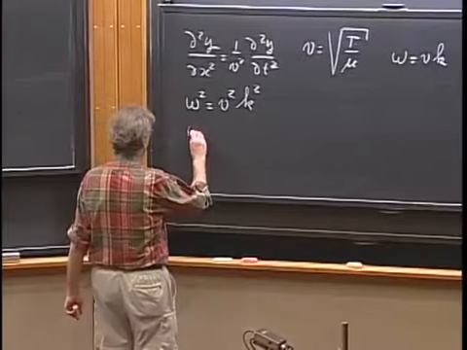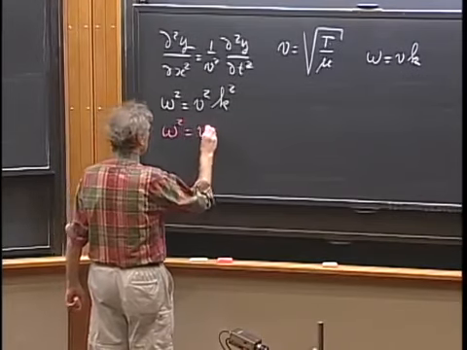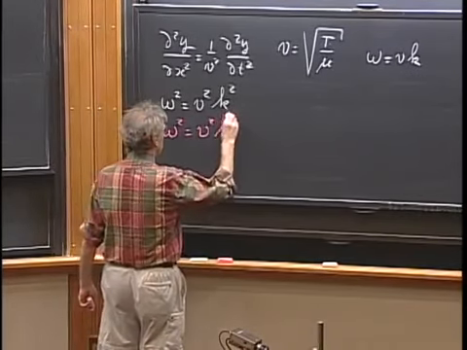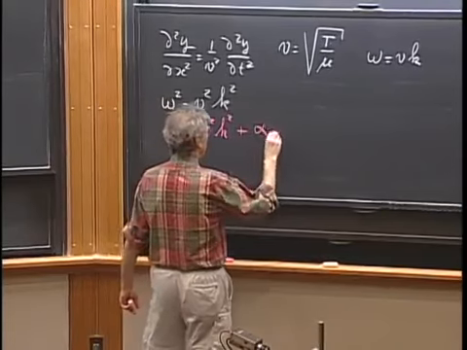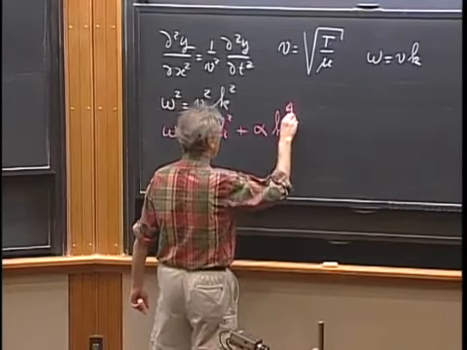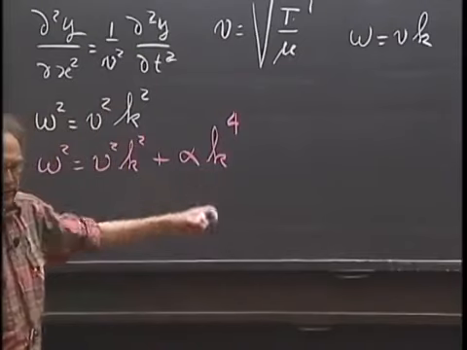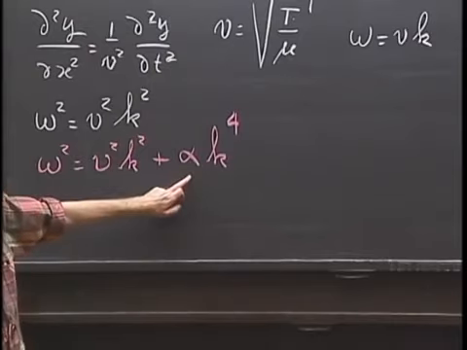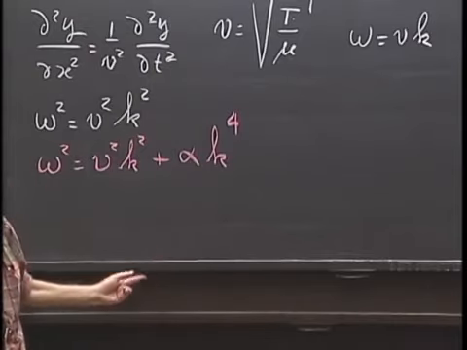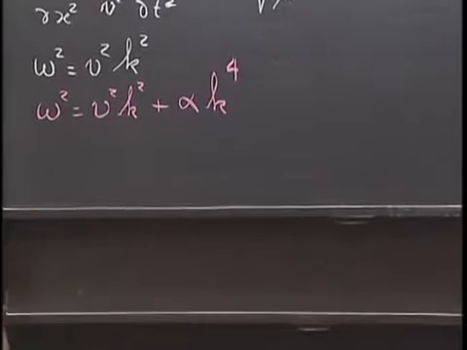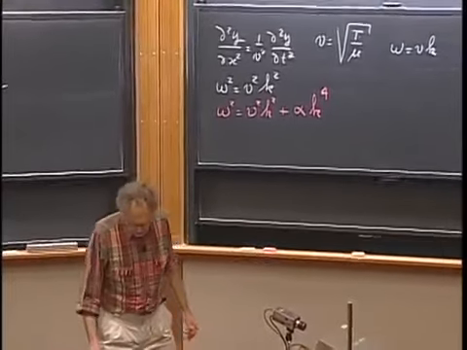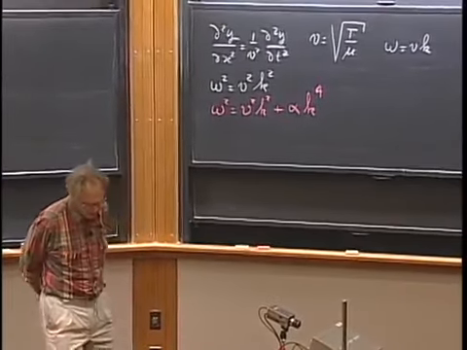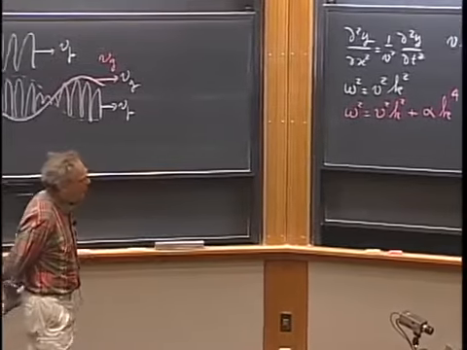Now you get that omega squared equals v squared times k squared plus alpha times k to the power 4. And this is the result of that stiffness. Becker and Barrett call this alpha a squared. That's fine, of course. That's just a matter of definition. a is a positive number. And what this tells you is that the higher the frequency, the higher the speed of propagation.